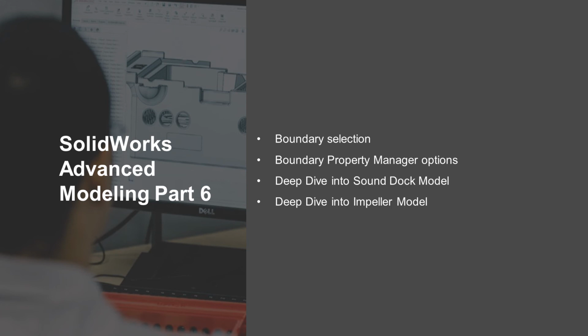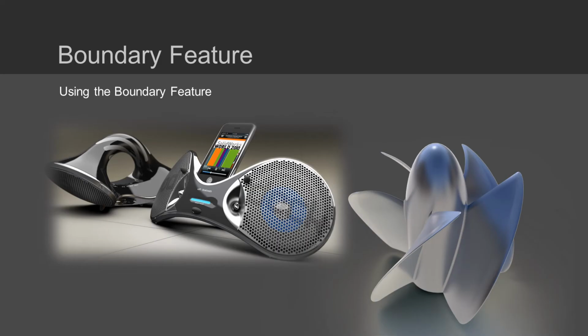And then we're going to do a deep dive into these two models, this sound dock model that I created a number of years ago, and then this Impellor design that I just did recently, both of which use the boundary surface quite prolifically.